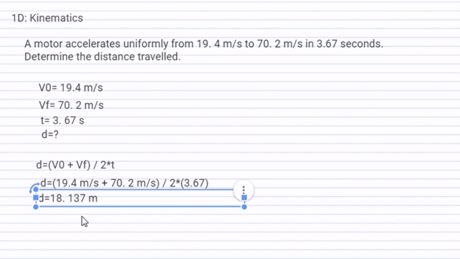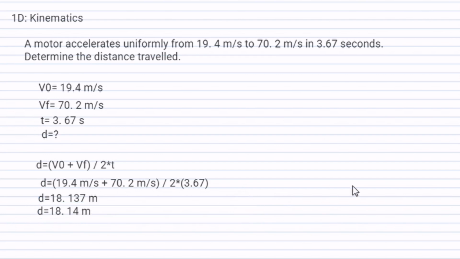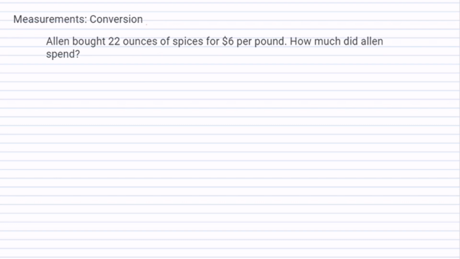We only need 2 decimal places, so it will be 18.14 meters. This is the final distance that the motor traveled. There you go. For our last problem, it will be measurement conversion.